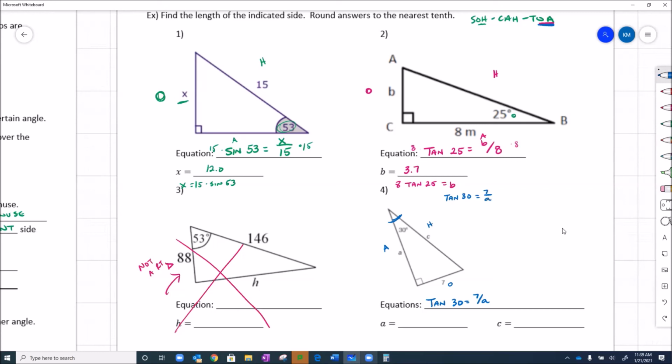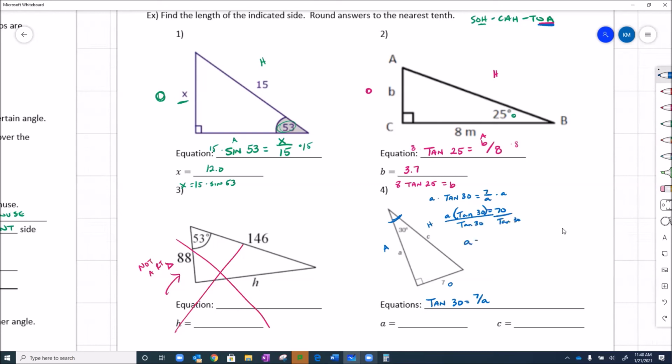I want it out of the denominator, so I'm going to multiply both sides by A. So A times tangent 30 equals 7. Then I want A by itself. Remember that tangent 30 is a number, so we're not going to divide by tangent and then divide by 30. We're dividing by tangent 30 on both sides.